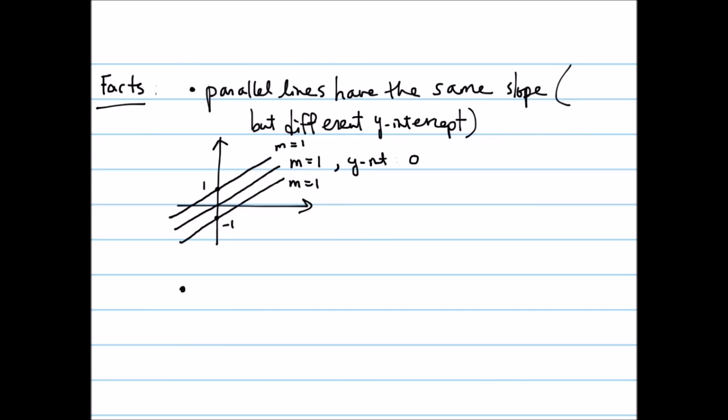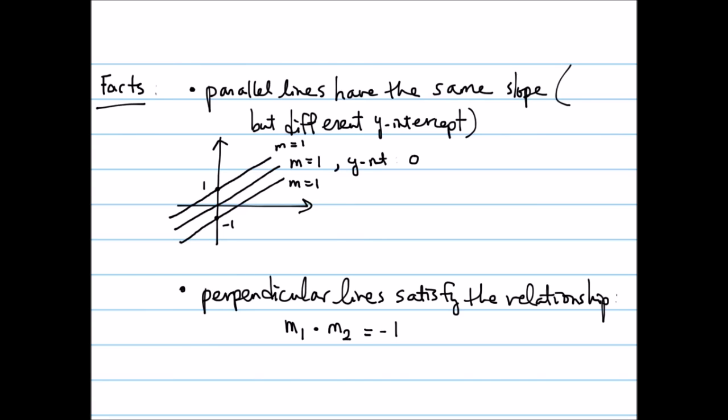On the other hand, perpendicular lines satisfy the relationship that the product of their slopes is equal to -1. Another way to interpret this equation is to solve for m2 in terms of m1. So you see that m2 is equal to -1 over m1, which means that as soon as you know the slope of one of them, you just invert it and add a negative sign in front to get the second one.